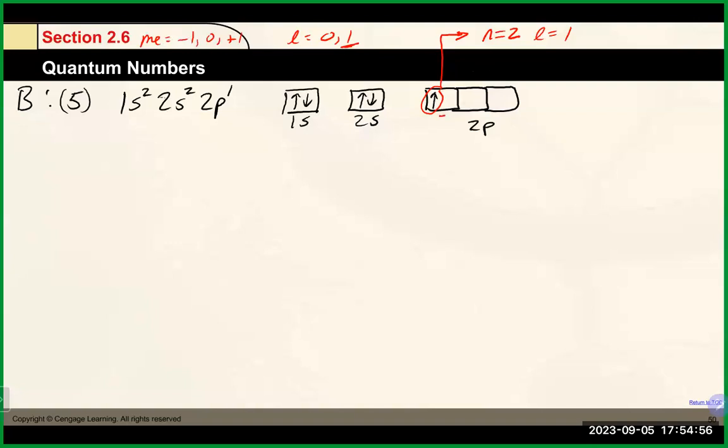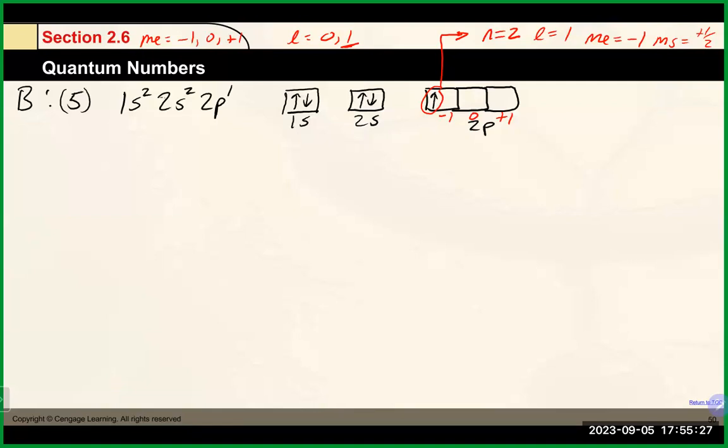This is going to be -1, 0, and +1. That means that electron is hanging in the -1, which really represents the px orbital. And the M sub L will be -1, and the M sub S will be +1/2, as it is pointing upwards. Any questions on that?